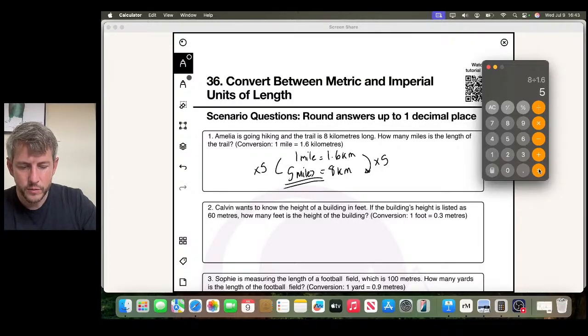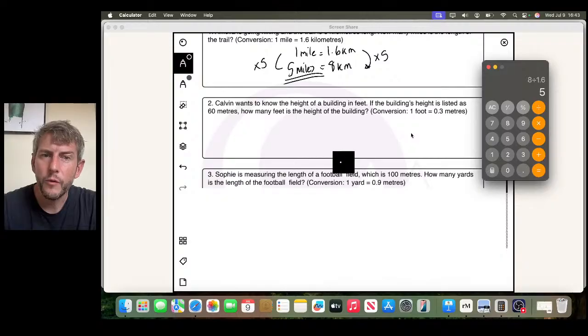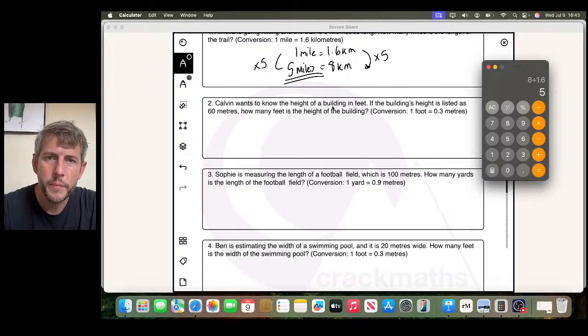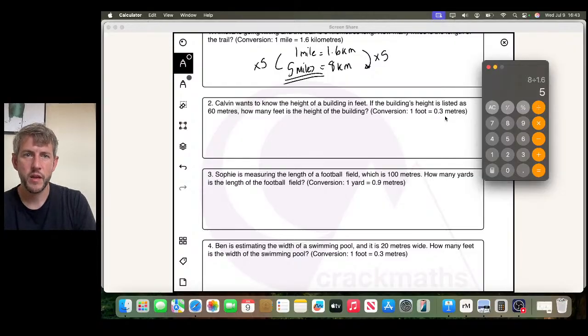Right, question 2. Calvin wants to know the height of a building in feet. If the building's height is listed as 60 meters, how many feet is the height of the building? Conversion, 1 foot is 0.3 meters.